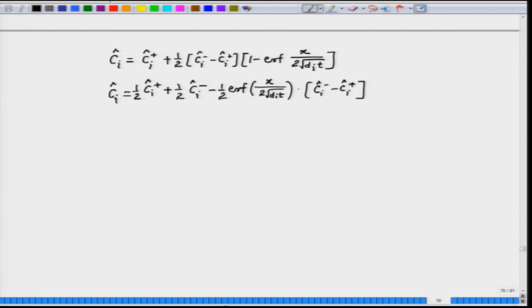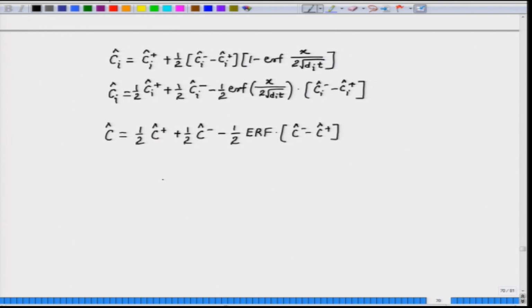If we write this in matrix form, we get C cap is equal to half C cap plus, plus half C cap minus, minus half ERF times C cap minus C cap plus. ERF is a function that I will define.